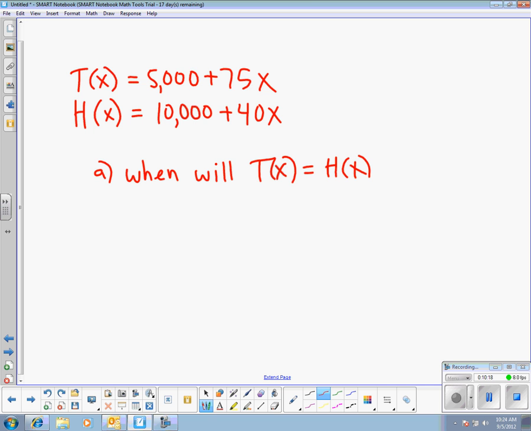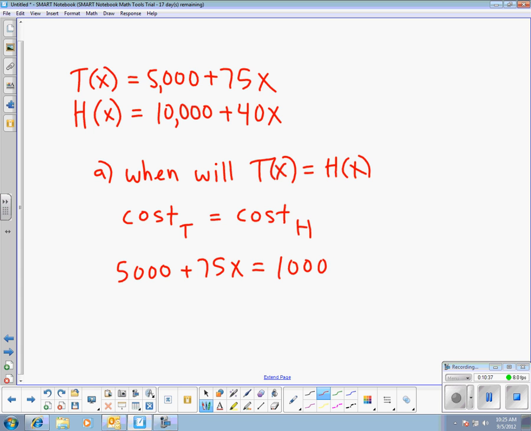So if I want to find the intersection of this, basically I'm just going to set my two functions equal to each other. I'm going to say when will cost of the truck equal cost of the hybrid, so 5,000 plus 75x. When will that equal 10,000 plus 40x? It looks a little different, but basically we're doing a substitution method of solving here.